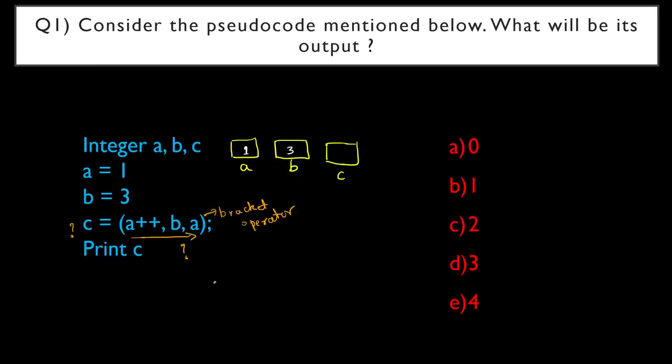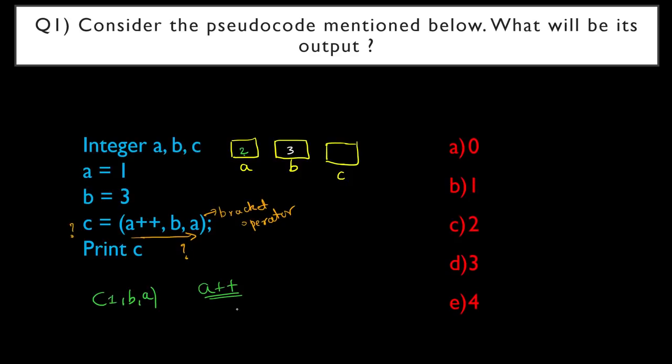First, A plus plus will be performed. Whenever you perform A plus plus, the value of A is increased to, sorry, not 5, my bad, the value of A will be increased to 2. It was 1 previously, it becomes 2. This is a post increment operator, so this value evaluates here to be, sorry, 1 comma B comma A.